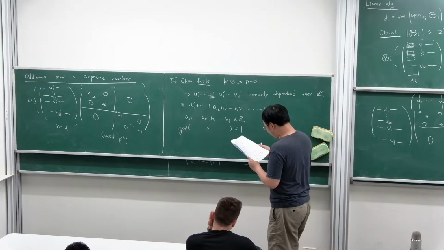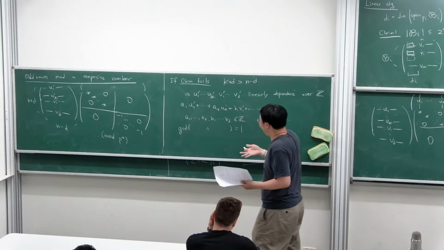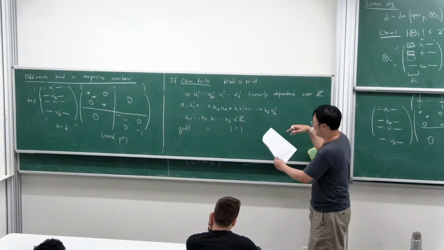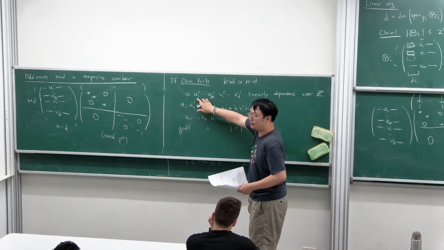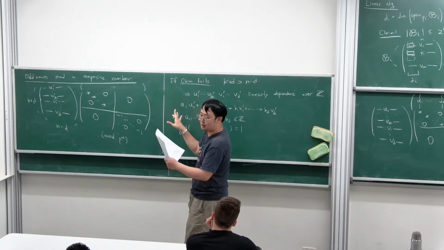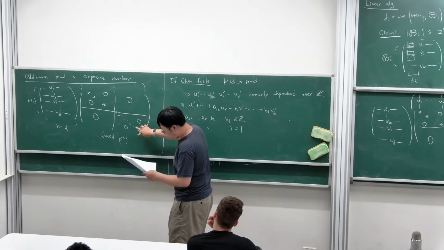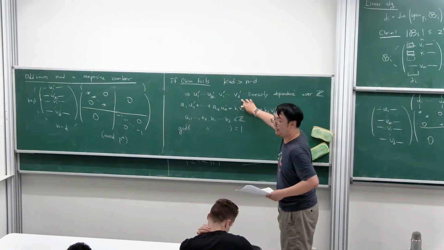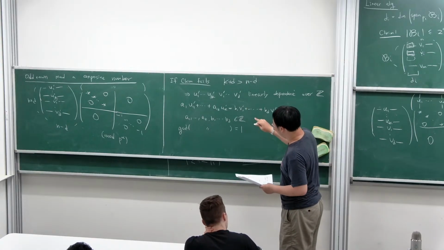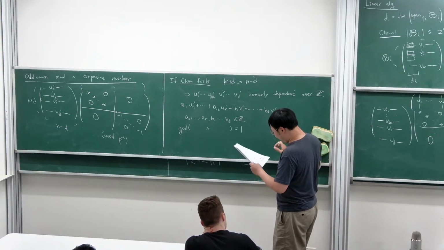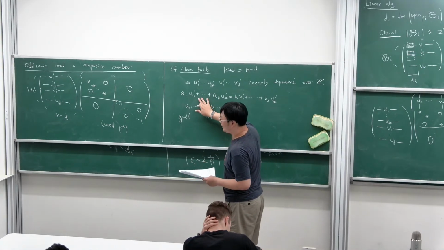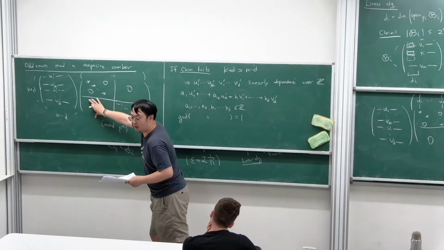Okay. So the most basic trick is to just take the dot product with each vector and use this property here to do the testing. You see a lot of negative ones here, so probably we want to first dot product with the v. If I take the dot product with vi, I know that the left hand side becomes 0 mod p to the alpha because the off diagonal terms are all 0.